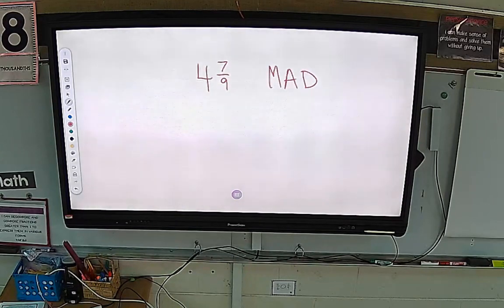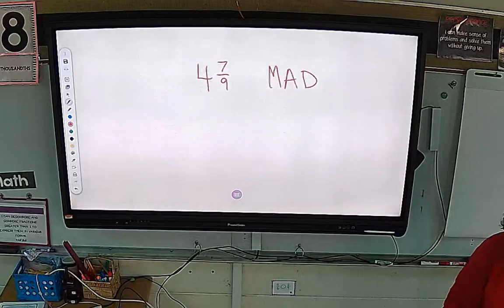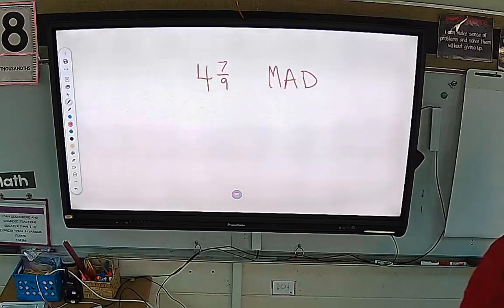These become pretty quick once we get these, as long as the numbers aren't huge. Sometimes the numbers get really big and we've got to do some bigger multiplication. Okay. Will, what did you come up with for your final improper fraction? Anybody agree with 43 ninths?